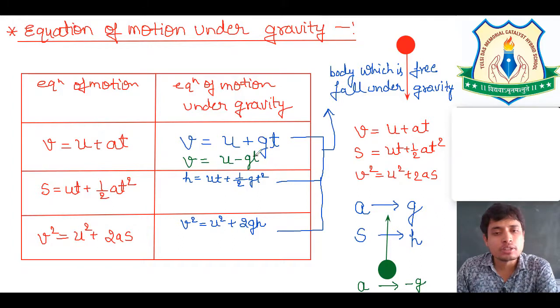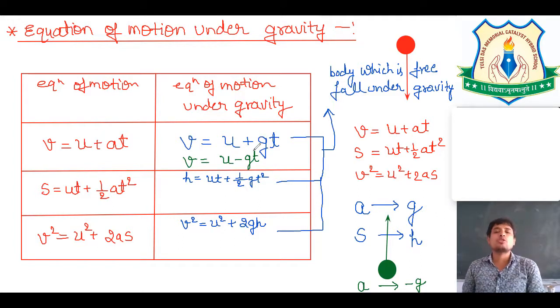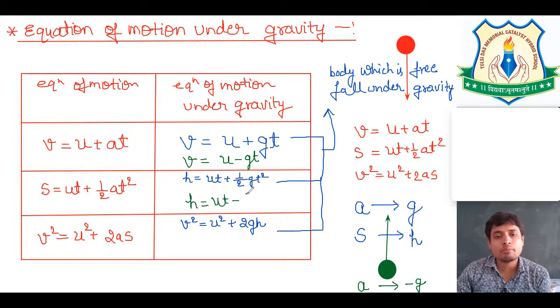This green pen is denoting the equation of motion for the body which is thrown upward against gravity. h equal to ut minus half gt square, and here v square is equal to u square minus 2gh.